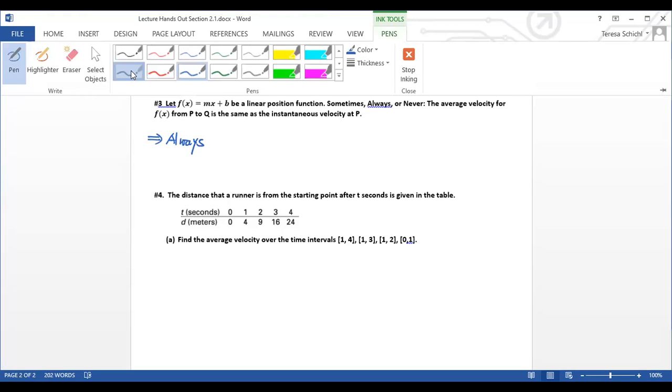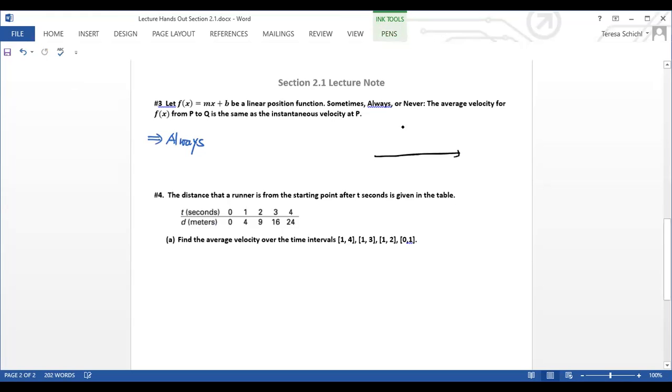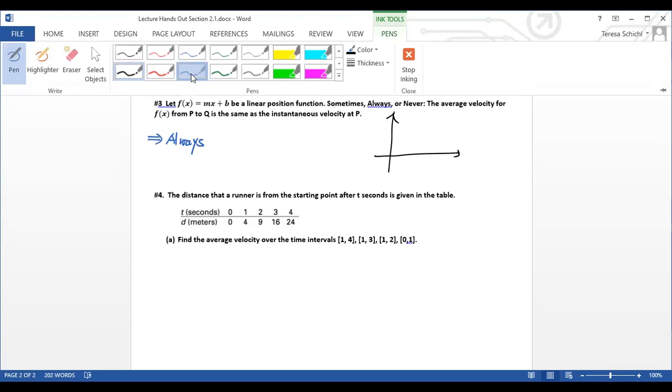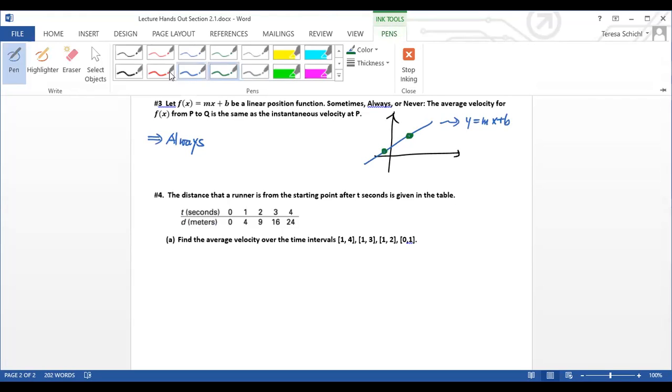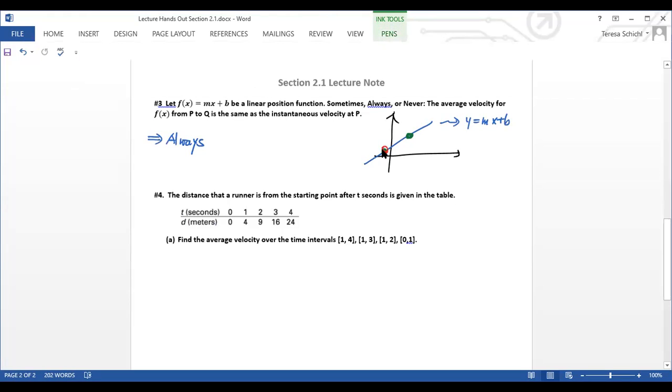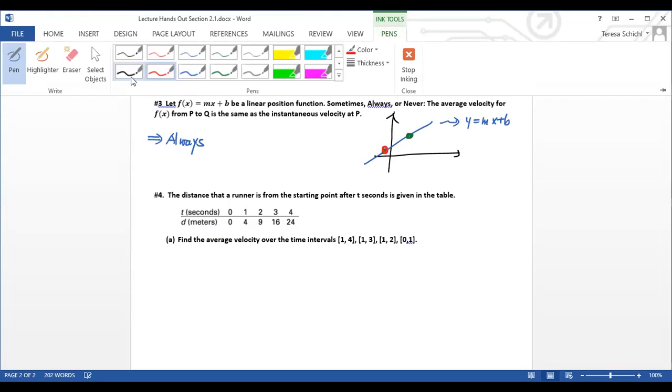Why is it always? Because we know this is slope-intercept form, so it will be a line. This is y equal to mx plus b. So if you choose any 2 points, the slope is the same, or if you choose just 1 point, it's still the same, right?